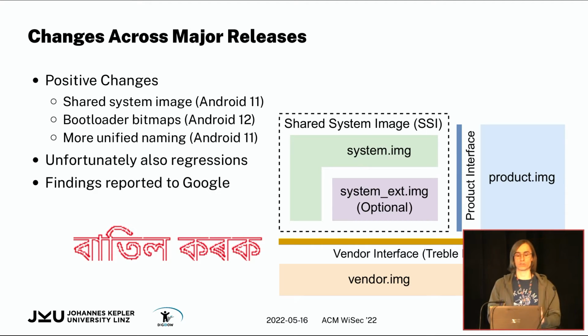Also, we observed some more unification with regards to the actual naming of packages. Now, there are some regressions as well, but overall we see improvements, and that's the important takeaway, I guess. Finally, we did report these findings to Google, but did not receive an official clarification on most of these.